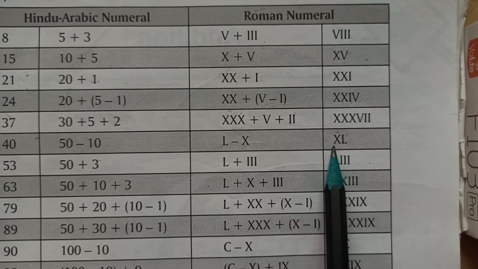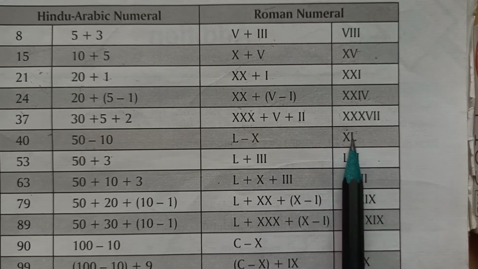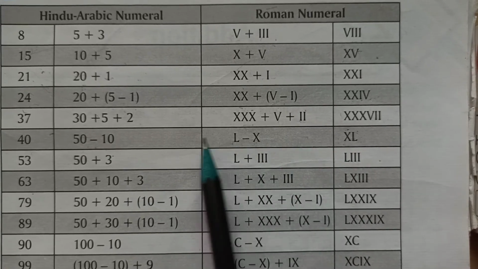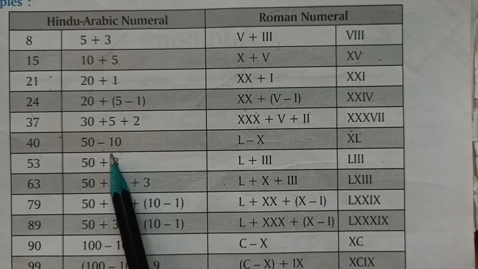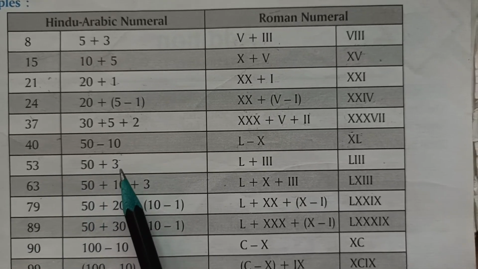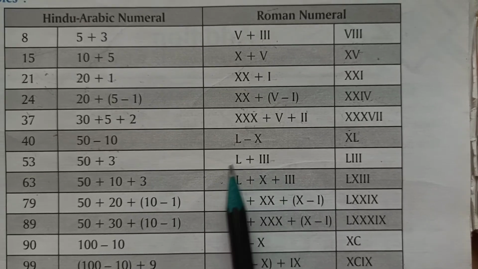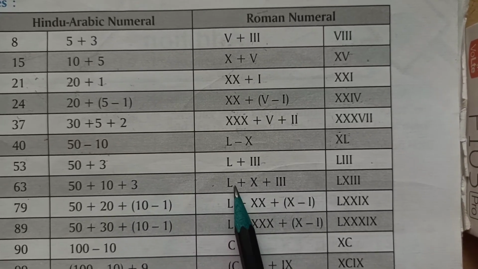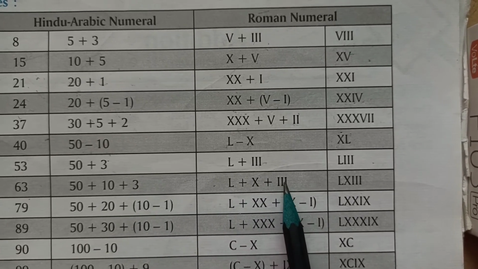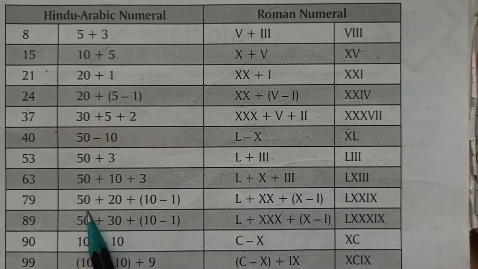And X, you can see here, is written to the left side. So X will be subtracted from L, that is L minus X, which means 50 minus 10. So 50 minus 10 is 40. Similarly, 53, that is L plus I 3 times, 53. 63, 50 plus 10 plus 3, that is L plus X plus III. That becomes 63.